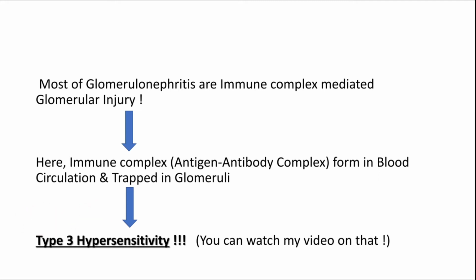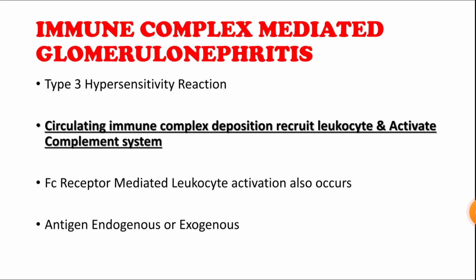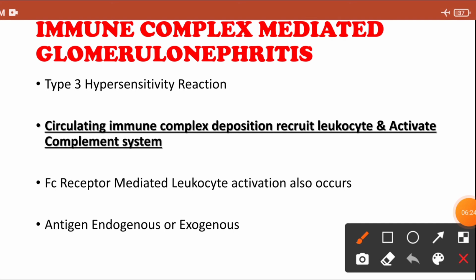I have already made a video on type 3 hypersensitivity. So we can say that this glomerulonephritis is a type 3 hypersensitivity. Whenever the immune complex is deposited in the glomerulus, it will mediate a type 3 hypersensitivity reaction. So what is the type 3 hypersensitivity reaction?